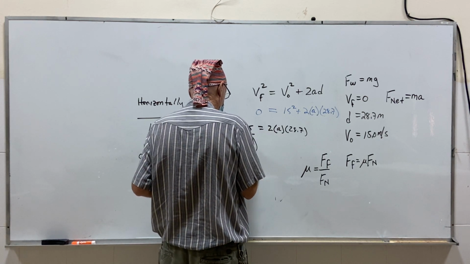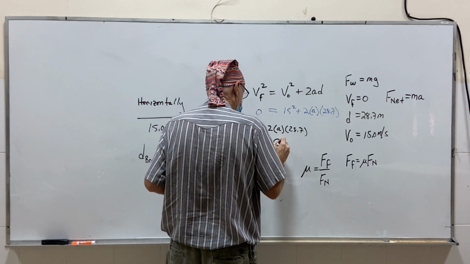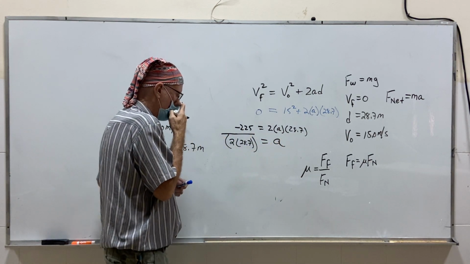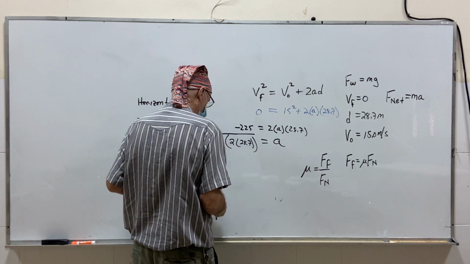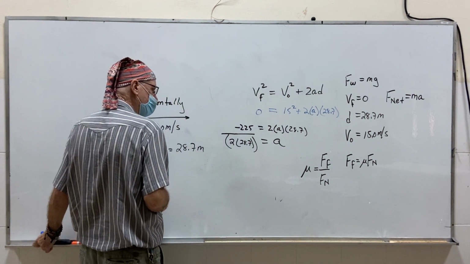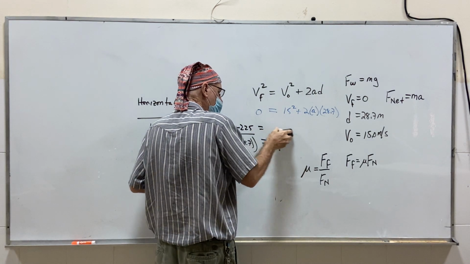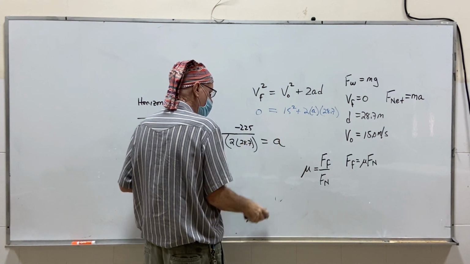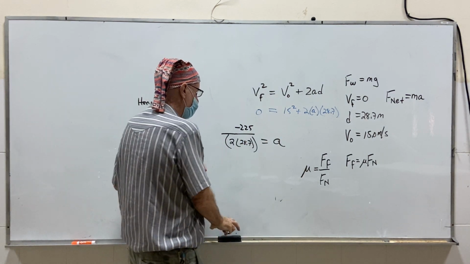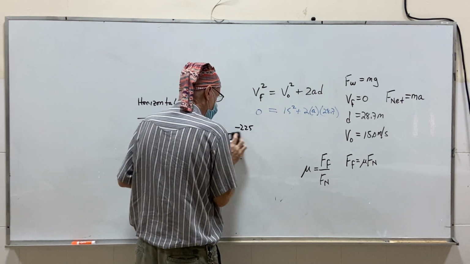So now, let's divide this by 2 times 28.7, which equals A. So what I did was I'm dividing this. You get that? Let me redo that.